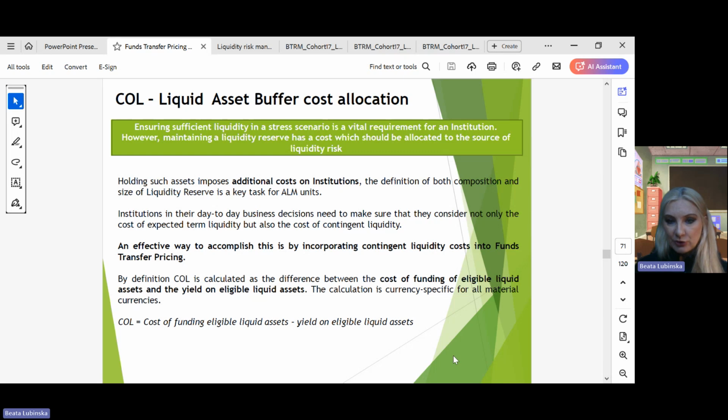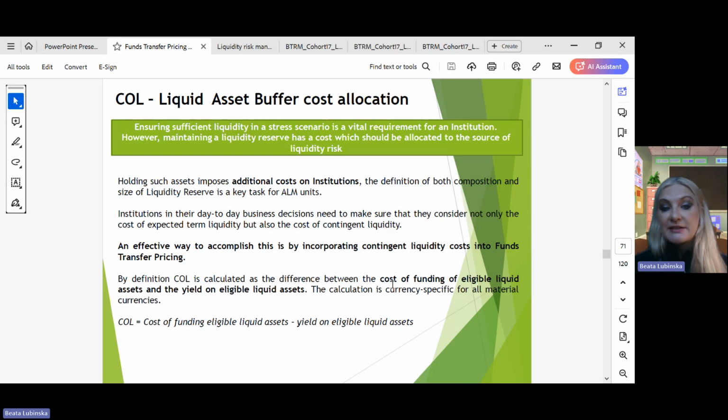And there are different methodologies, as I said. Let's talk about the first methodology of charging it on a separate basis. So finance will come up with the cost of HQLA on a monthly basis and will be charging it to the business which consumes contingency liquidity.